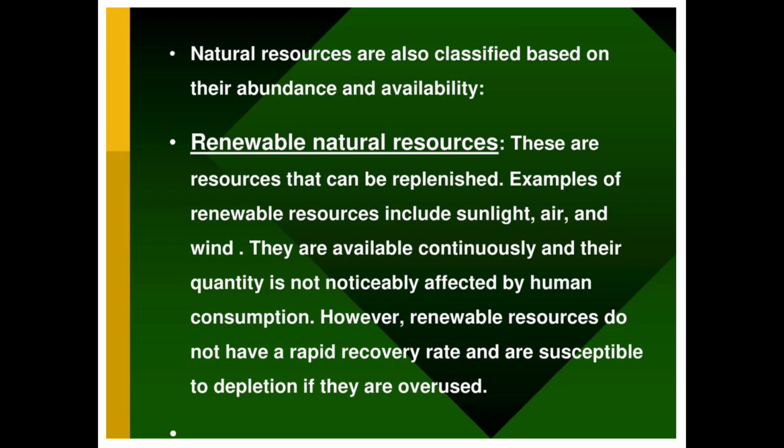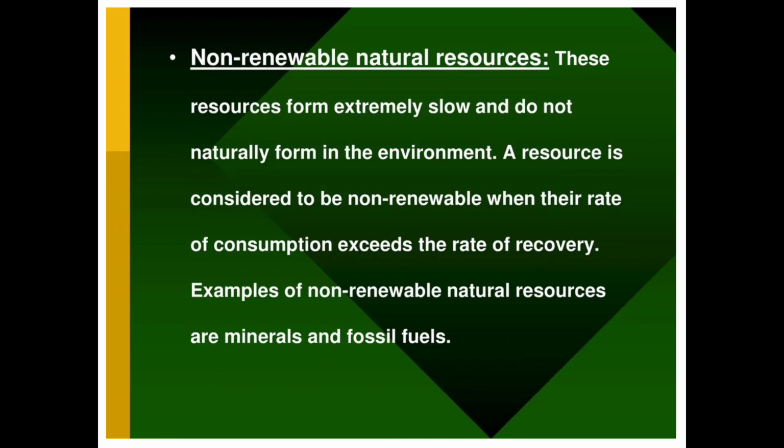But the continuous use of these may lead to their depletion. When we continuously use them, they may deplete. So these are one kind of renewable natural resources. But one more thing is these are not noticeable.